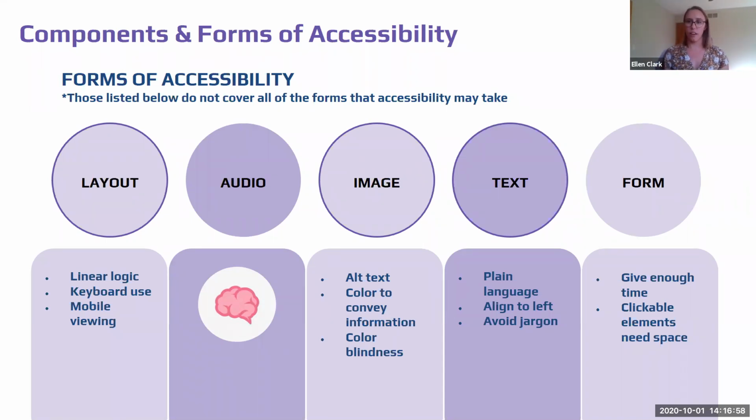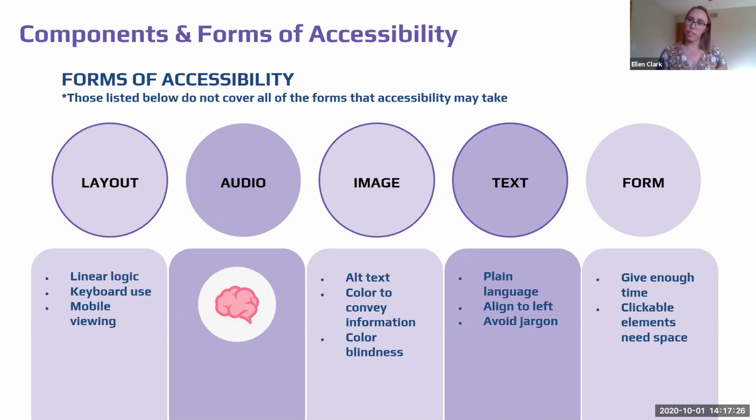So for layout, an easy thing to think about is using a linear logic in your digital space, especially in our culture. People are used to having their eyes follow a left to right, top to bottom. So making sure that your layout is not all over the place, but rather follows a linear form makes it more accessible.